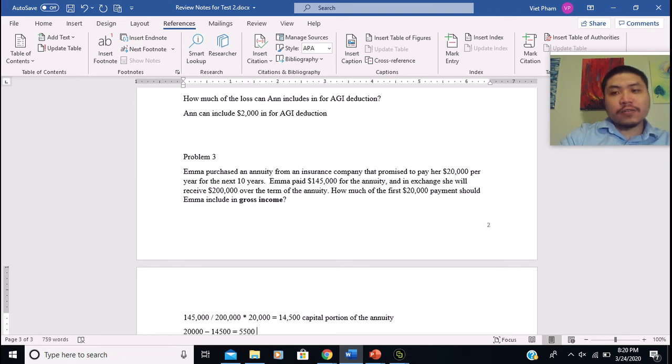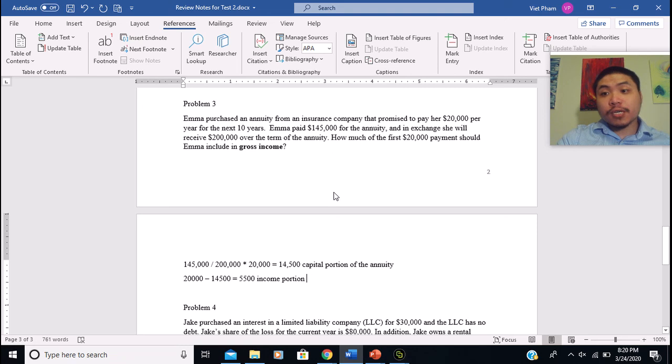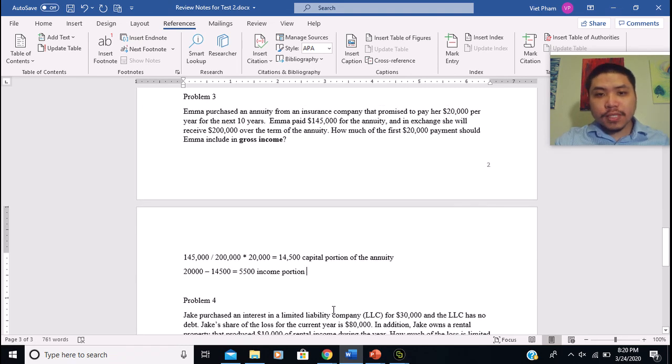So 5,500 is going to be the income portion, and this can be included in the gross income. So we can include 5,500 in the gross income in this case. Really straightforward. Just need to figure out the annuity exclusion ratio first, and then work from there.